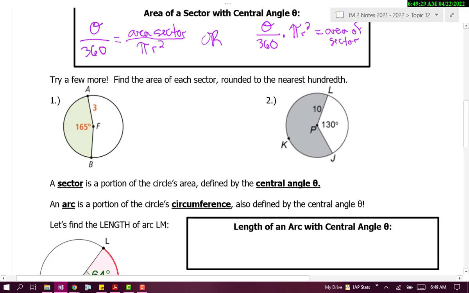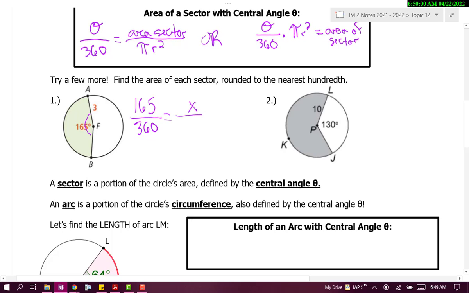So now we got two more here. So number one, we got a 165-degree angle here. We got a radius of 3. Find the area of each sector rounded to the nearest hundredth. So we want decimals this time, and we want 2 places after the decimal. So again, we just do 165 over 360. And we can either multiply it by the circle area or write the proportion for it.